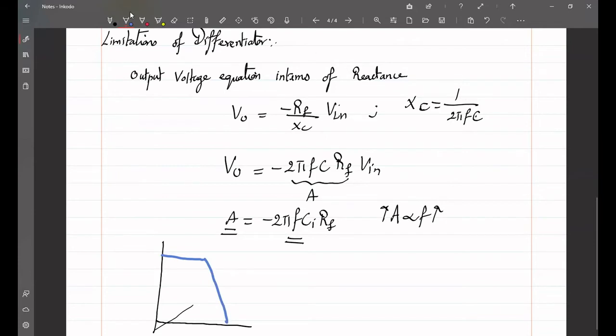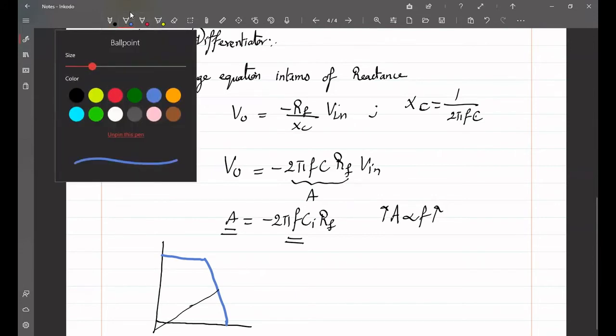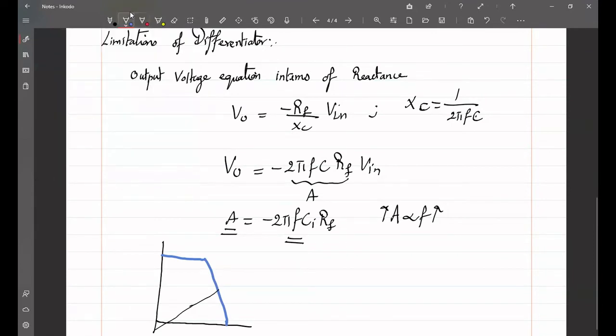Now, as the frequency increases, the gain will increase from negative to positive, and at a point it will intersect with the ideal op-amp gain. At that point, the maximum frequency has been achieved. This line is the frequency line, this line is the gain line, and this is 0 dB.